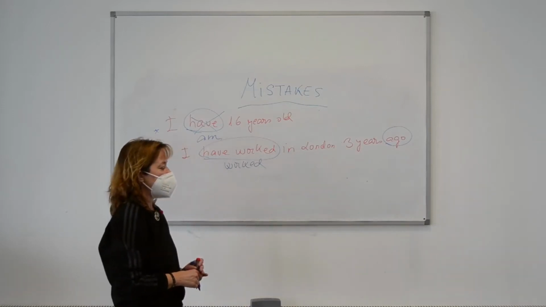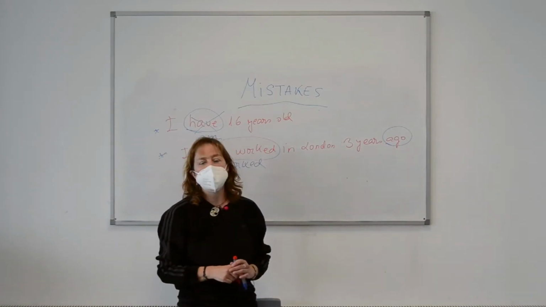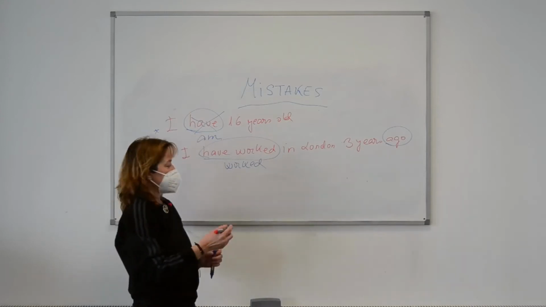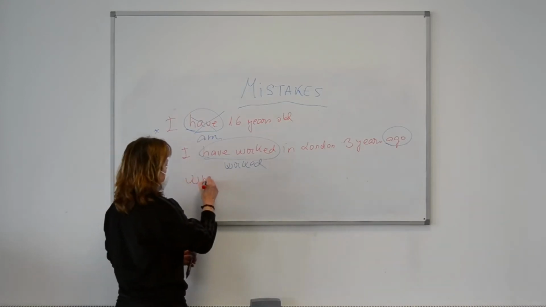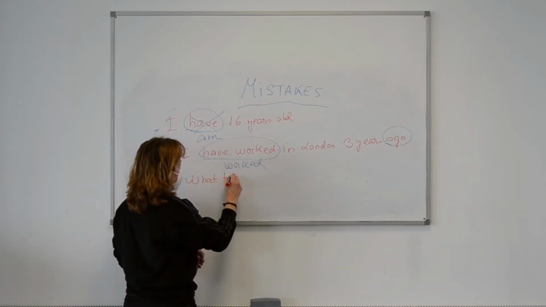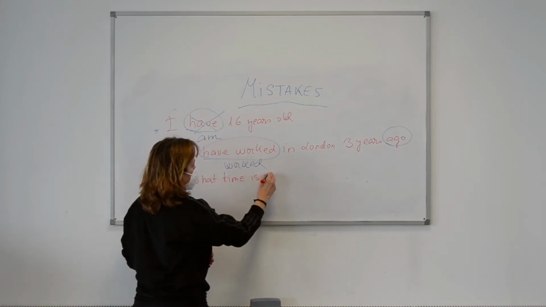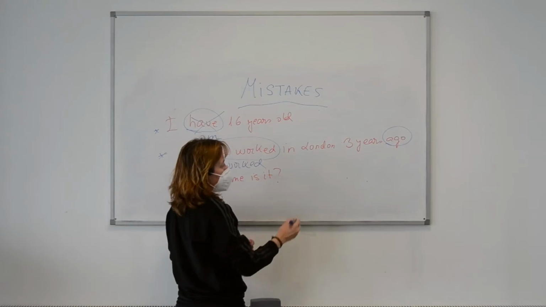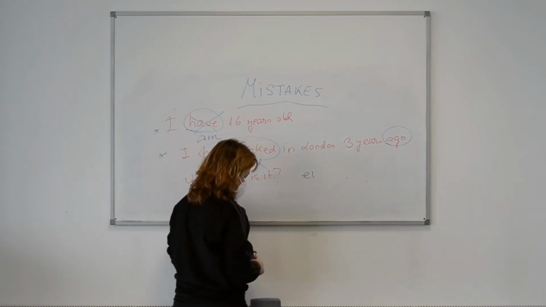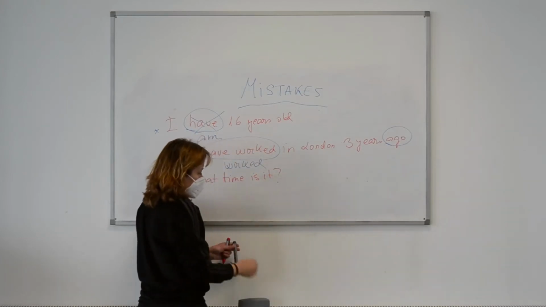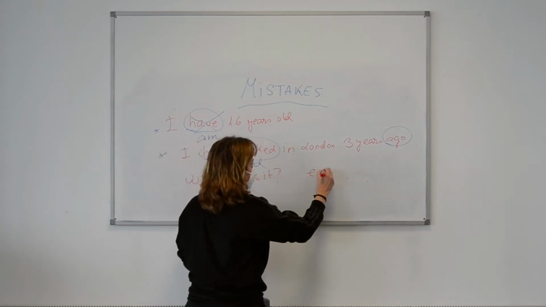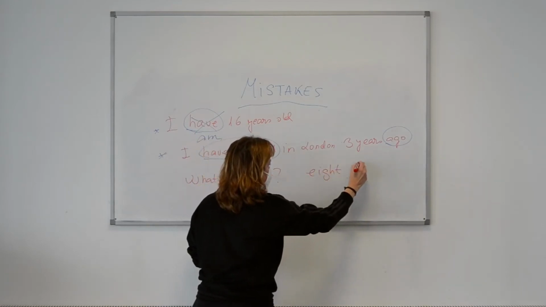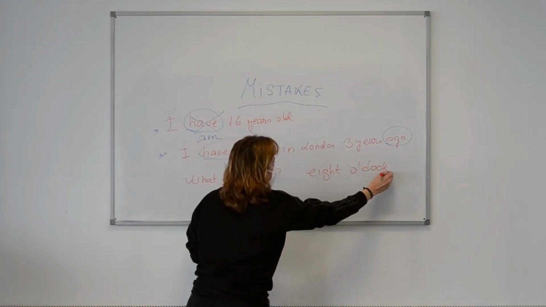Another one is, for example, when we refer to hours, we say, what time is it? It's the common question in the English language. A common mistake is to say, for example, "8 o'clock." It is not correct.